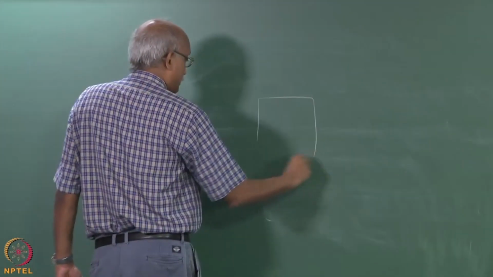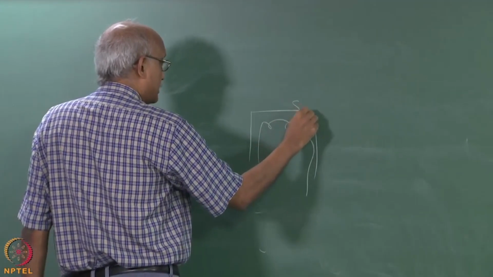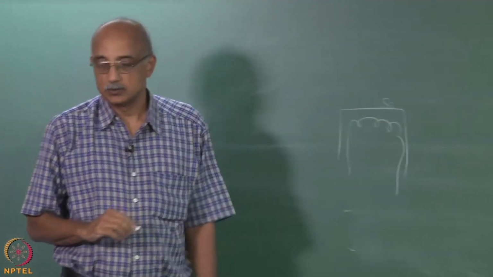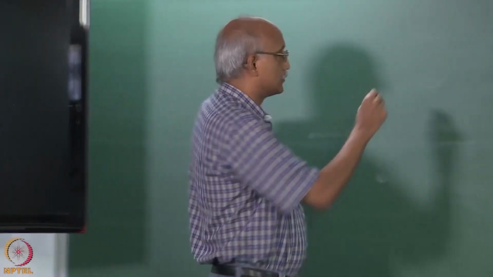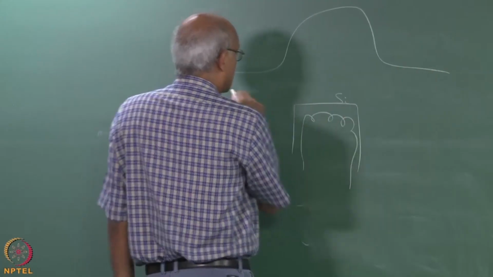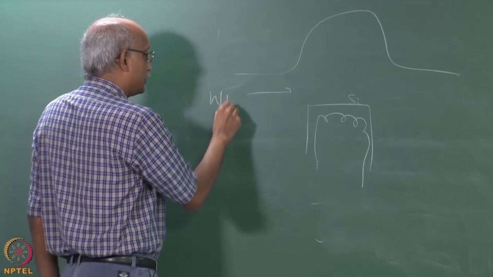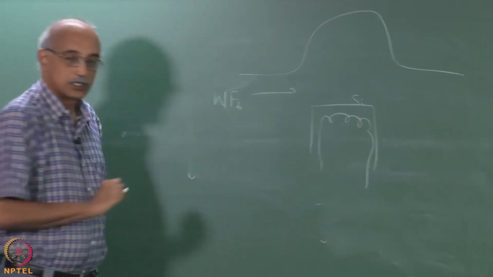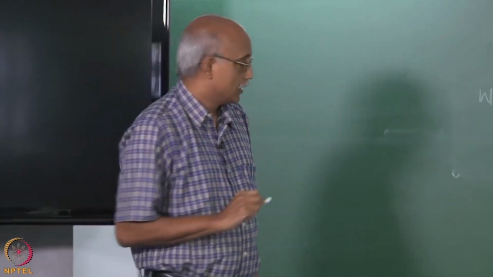So, in a CVD reactor with a substrate, let us say that you have a silicon substrate and you want to make a tungsten film on top of the silicon, right. So, you have a reactor in which you are flowing the gas. Let us say that you are using WF6, tungsten hexafluoride, as your precursor for the CVD.